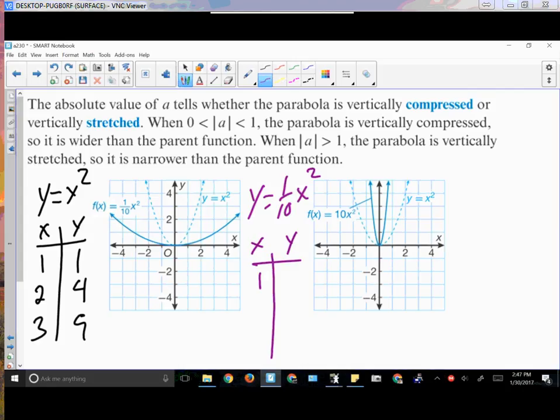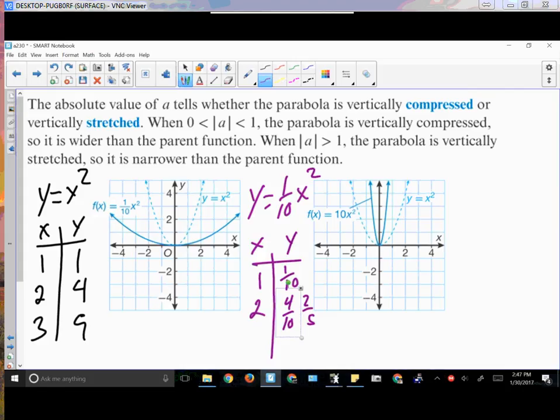But that means it's 1/10. Is it going up as fast? This went up by 1 unit. This only went up by 1/10 of a unit. If I put in the 2, it doesn't go up to 4. It goes to 4 over 10, which would be 2/5. It's going up at a slower rate.